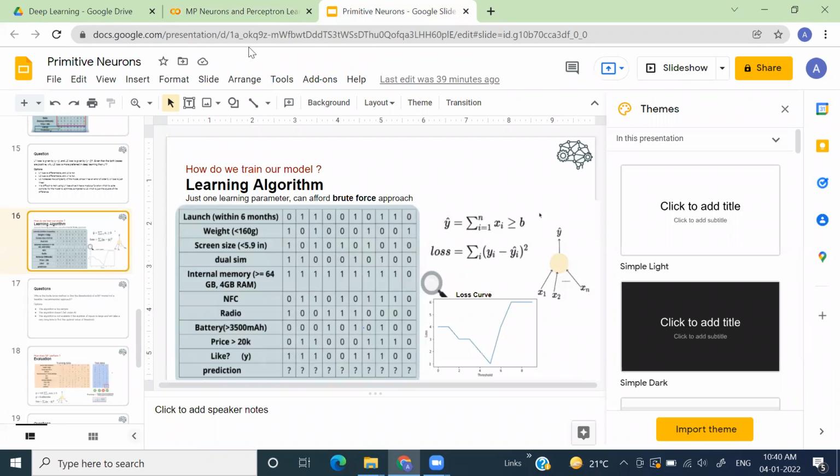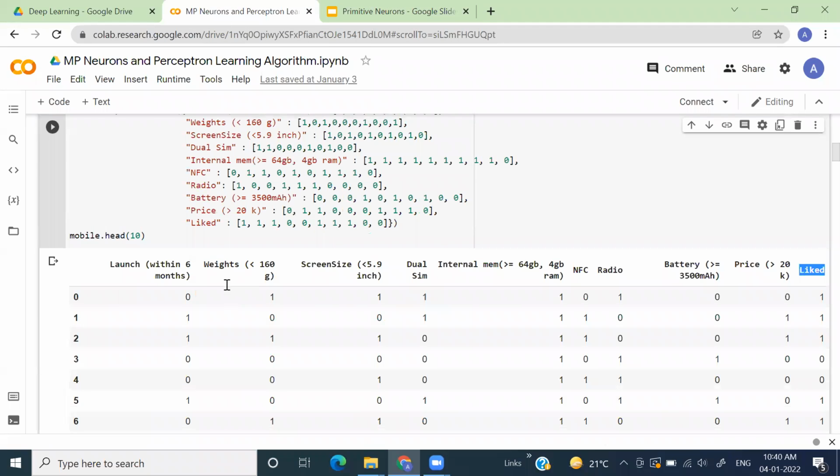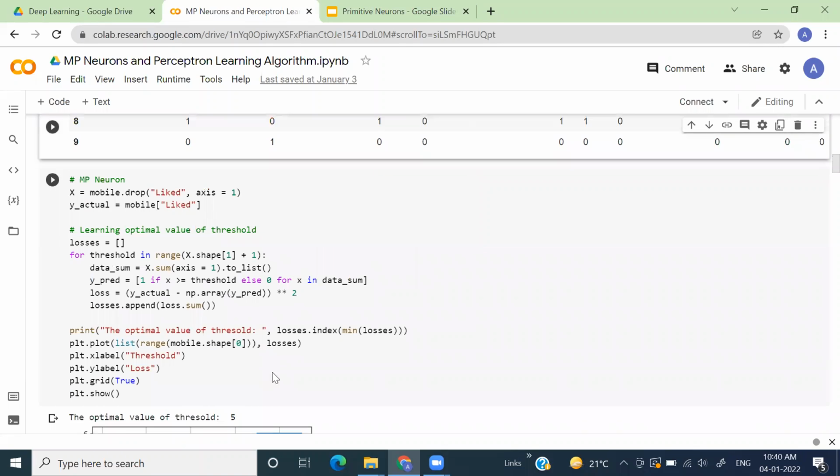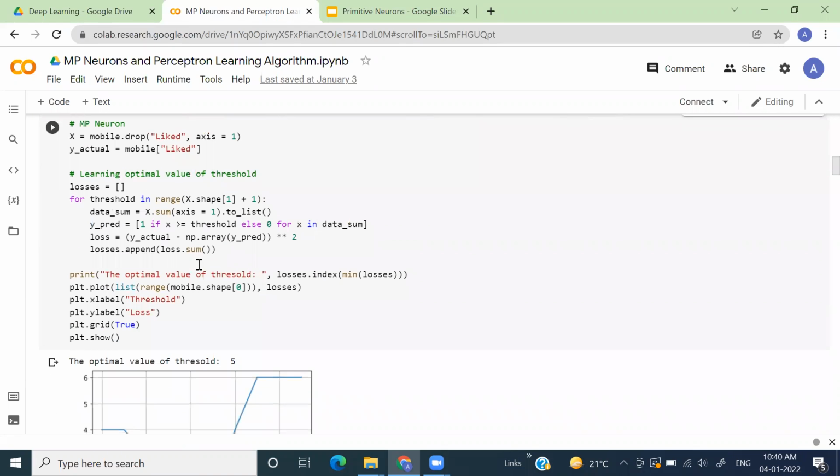I'll share the notebook with you. You can check by yourself also. You can go through it line by line and see how this code is working. I think all the elementary concepts required to understand this code are what we have already covered, so I'm hoping that there won't be any issue understanding this code.